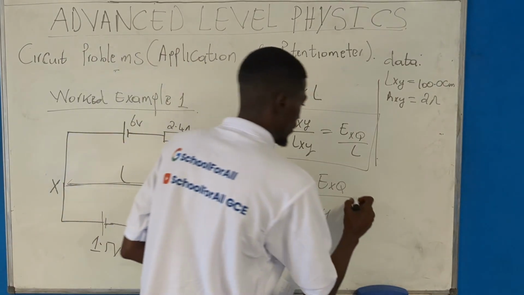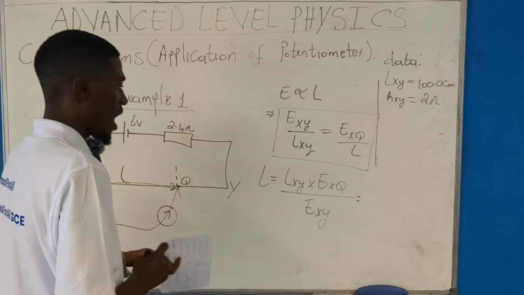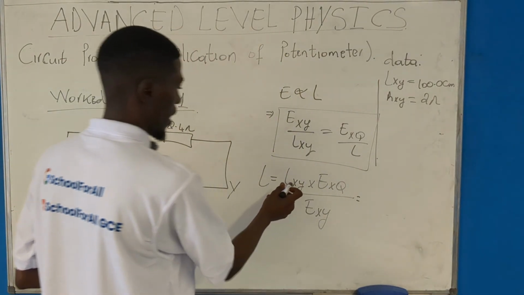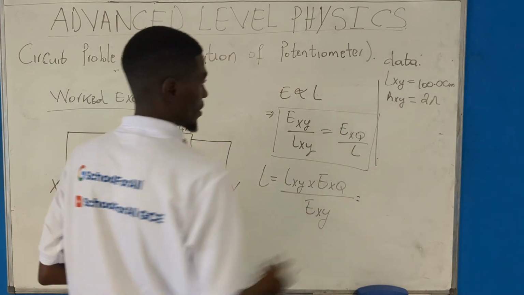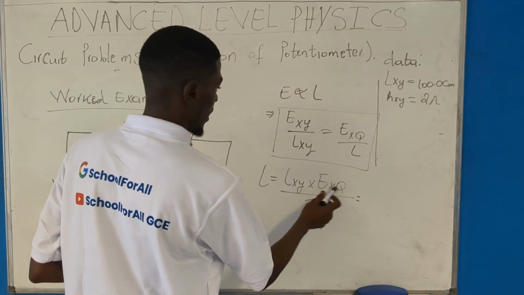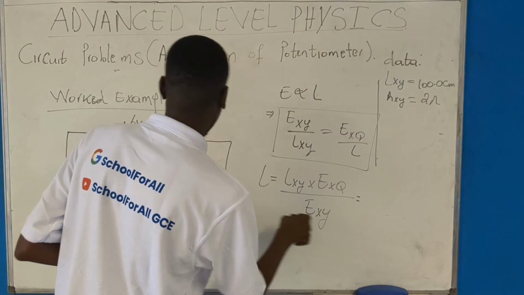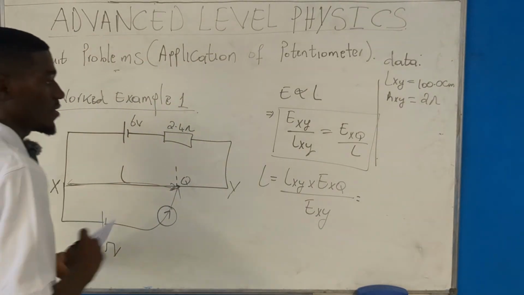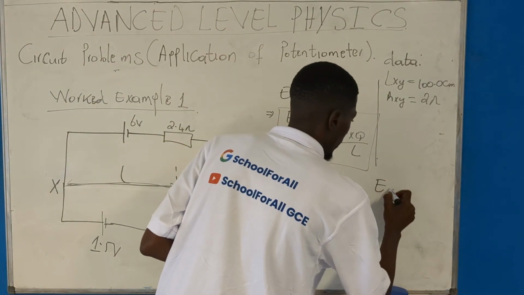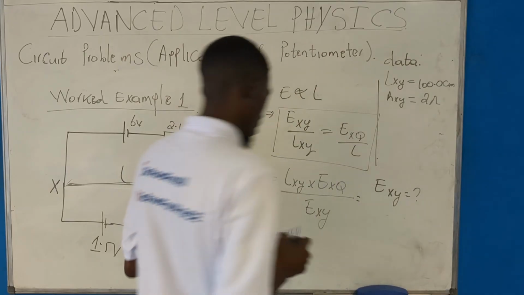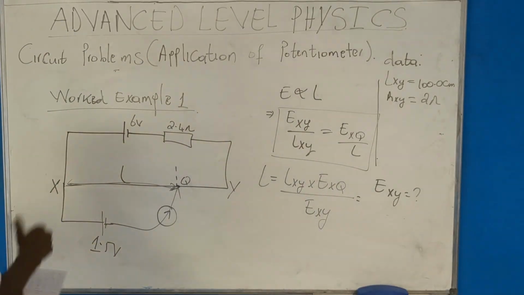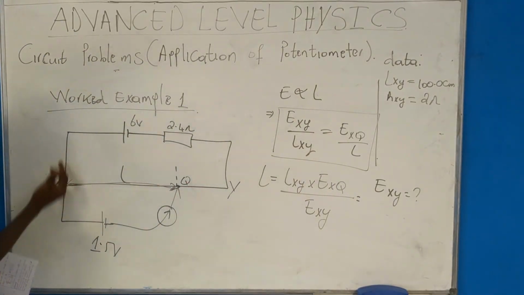Now, do you have LXY? Yes, 100 centimeters. Do you have EXQ? Yes, 1.5. Do you have EXY? No. We do not have EXY, so let us go and find EXY. To find it, we will consider this portion of our circuit.